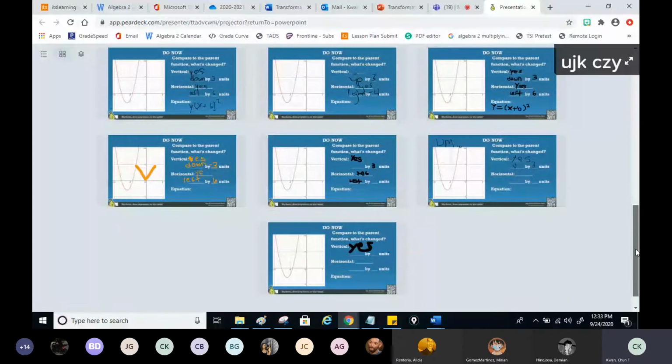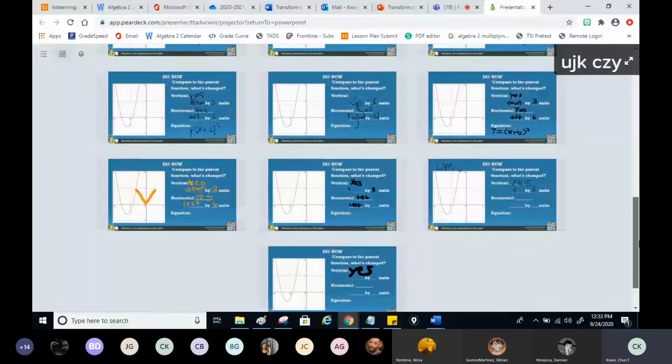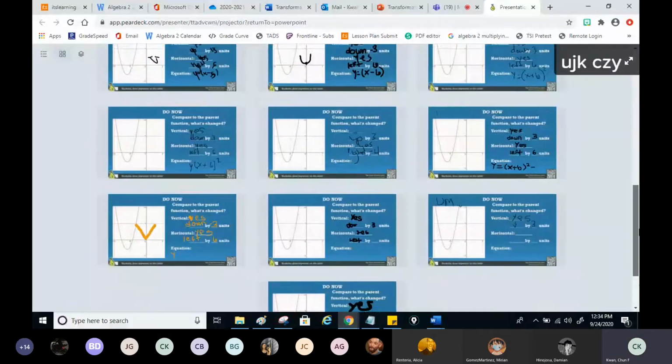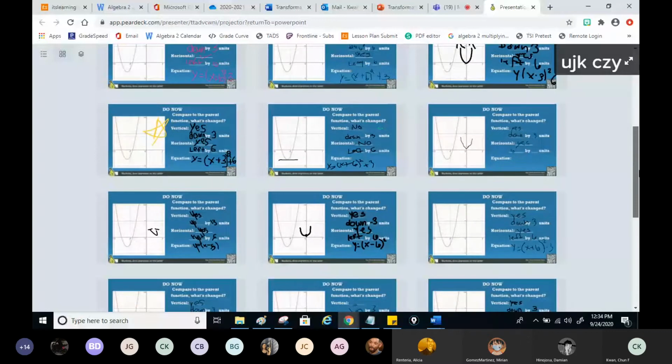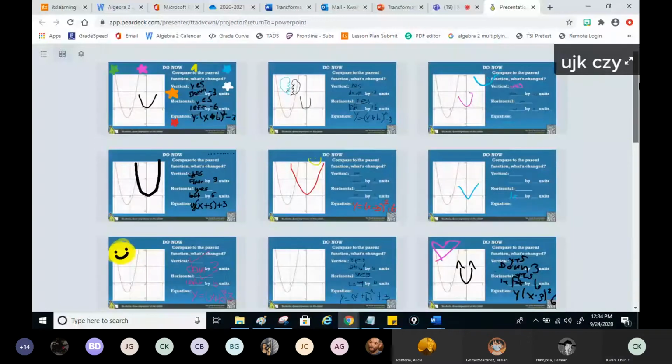All right, I see a lot of you guys identify the transformation correctly, so that's a good start. But after that, use that to figure out the equation.